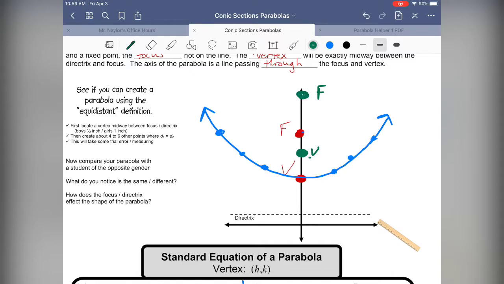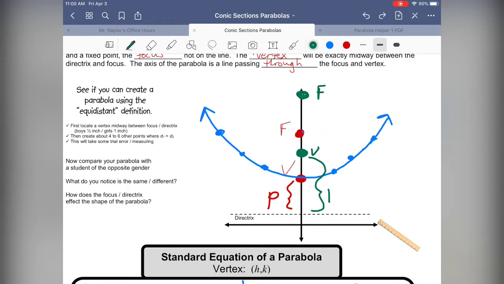And by the way, the distance that I'm referring to is going to be defined by a special value. I'm going to go ahead and preview it with you. It's going to be defined as the letter P. The letter P is always going to be this distance from the directrix to the vertex, or from the vertex to the focus. So it's an important measurement.